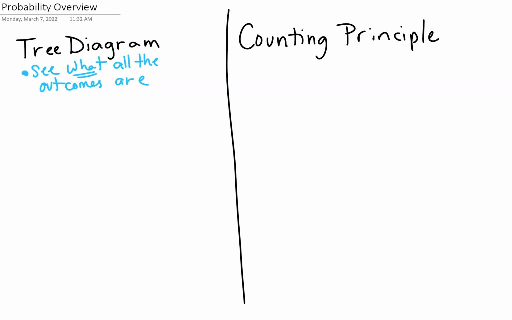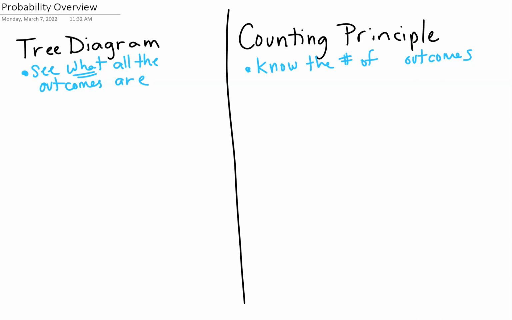And with the counting principle, you just know the number of outcomes. So the tree diagram is going to let us see what the outcomes are, and the counting principle is going to tell us how many there are.